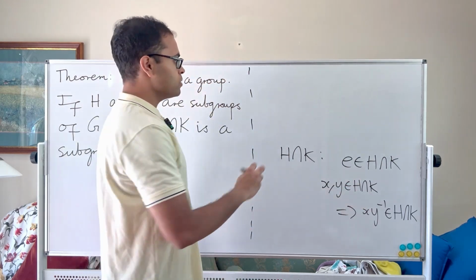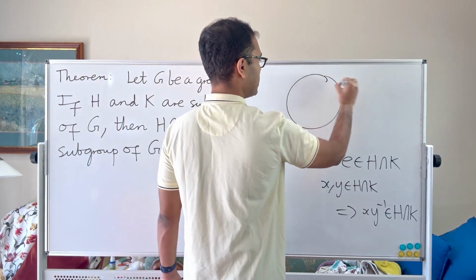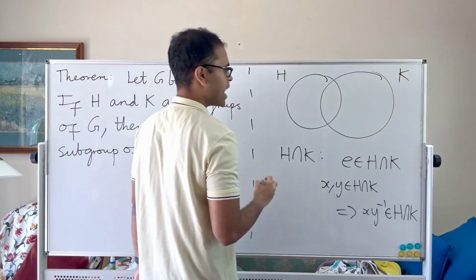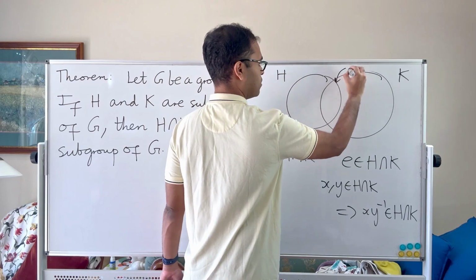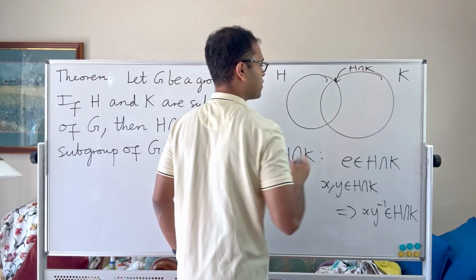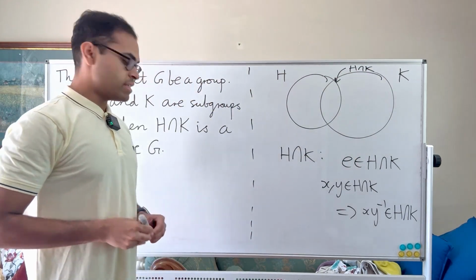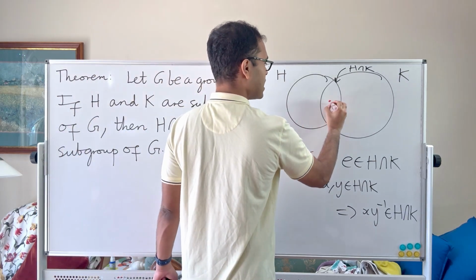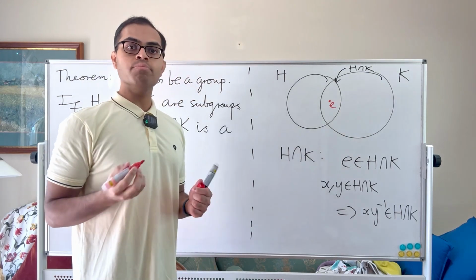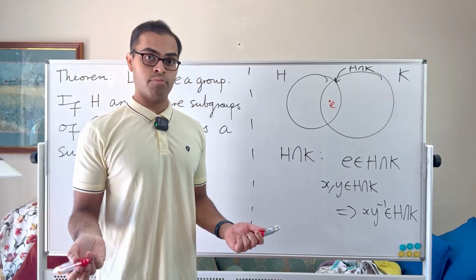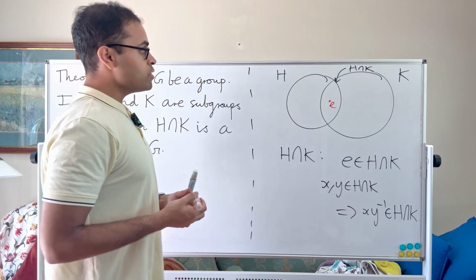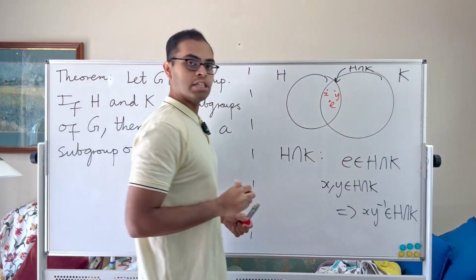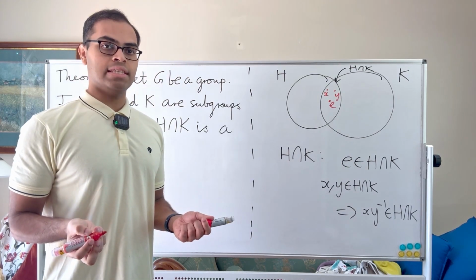Now I'm going to show you a beautiful picture. We draw this nice Venn diagram. So I'm going to have H and K. These are both subgroups of G, and we want to look at H intersection K, which is this intersection in the Venn diagram. Now, what's cool here is that, first of all, we know the identity is in the intersection because it's in both H and K, since both H and K are subgroups. So that's number one. And number two is that if we have x and y inside the intersection, we want to show x y inverse is in the intersection.